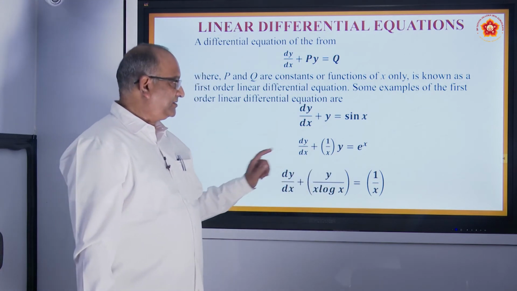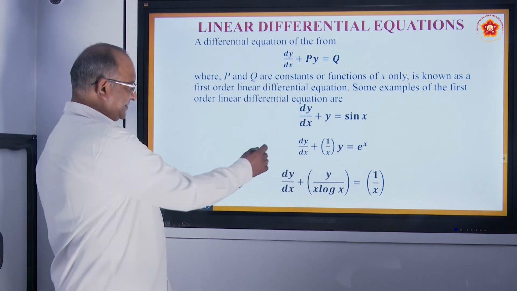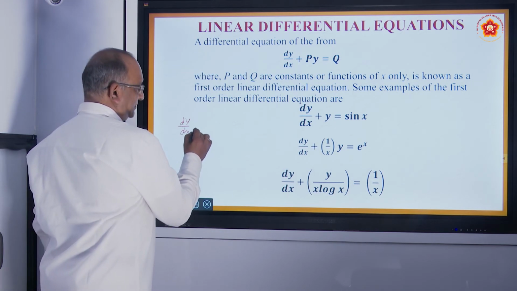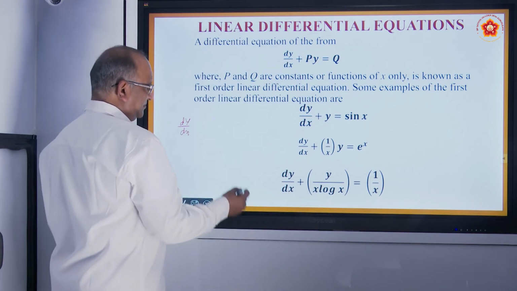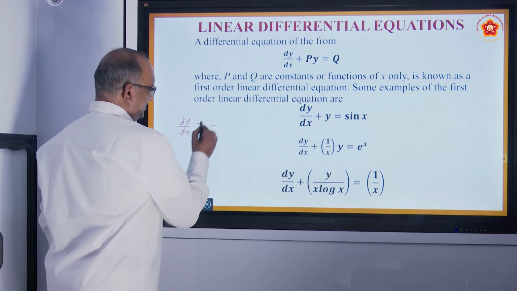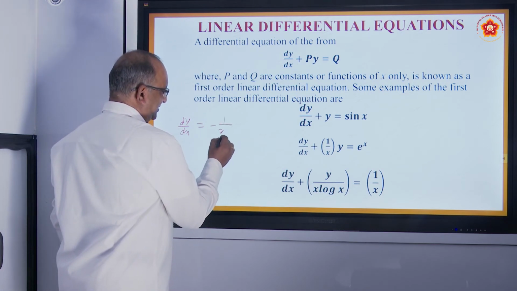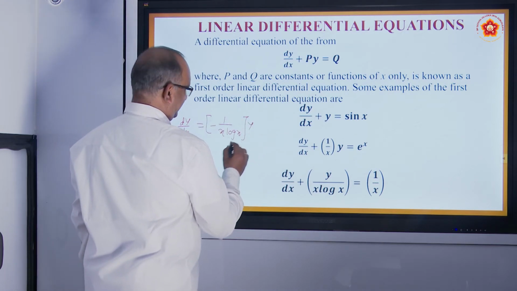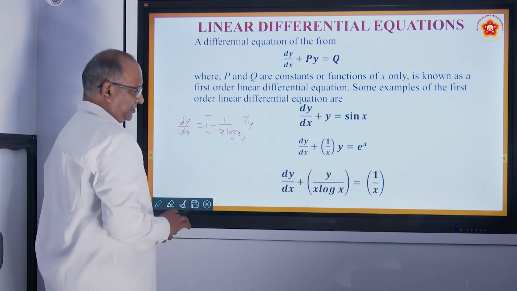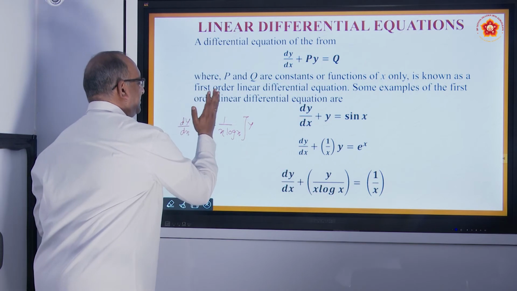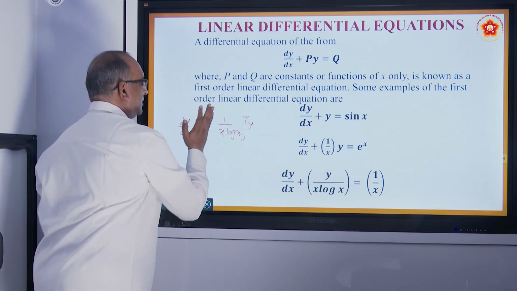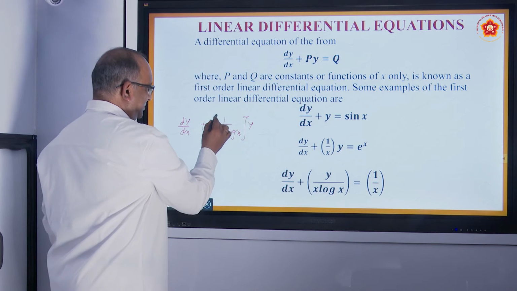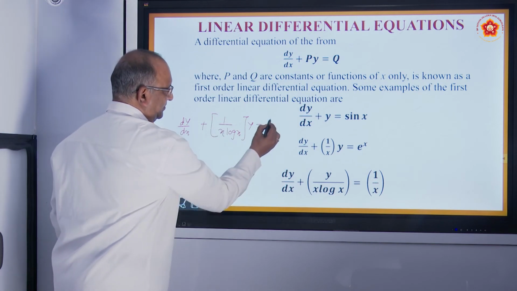In order to understand it, to write this equation in the standard form, this can be written as dy by dx plus, since it is plus, you can also take it to the other side, it can be written as minus 1 upon x log x into y, or you can also put it this way, let it be here only, dy by dx plus this, and you are separating it, equal to 1 by x.